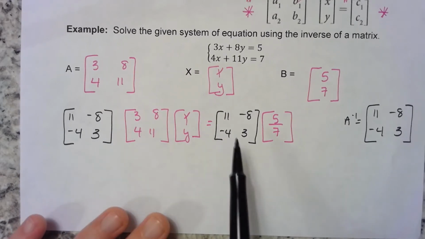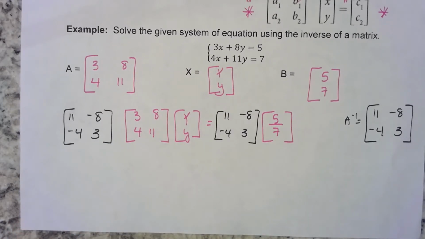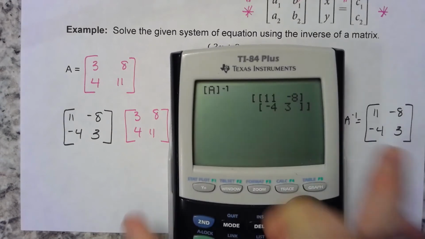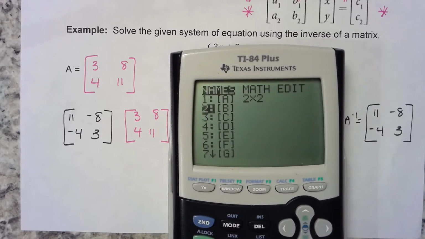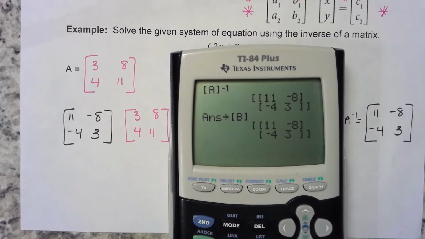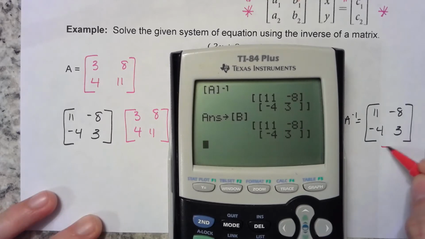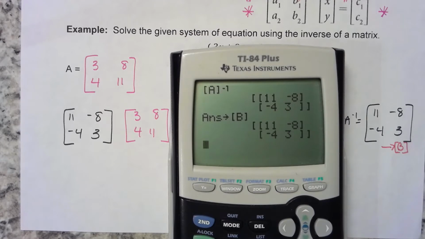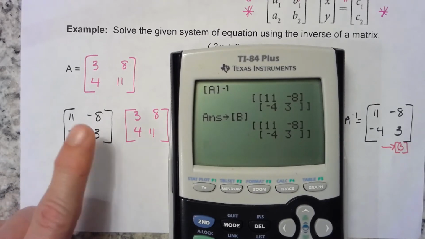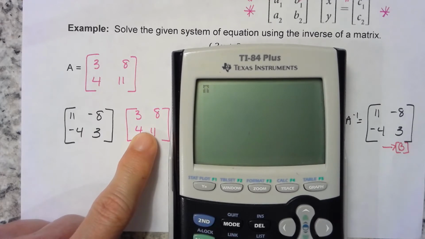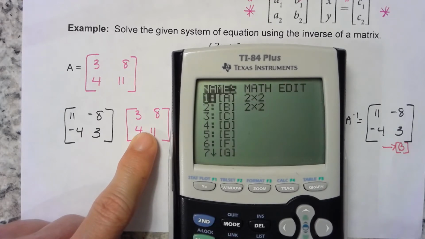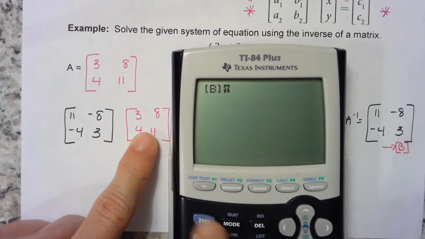Well, if you were to multiply, I just want to show you on the calculator what really happens. I'm going to store this in matrix B. So let me make a little note. I stored this in matrix B. Okay, so if I multiply matrix B times matrix A, I get the identity matrix.